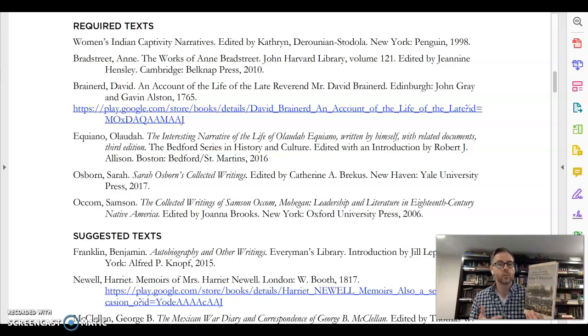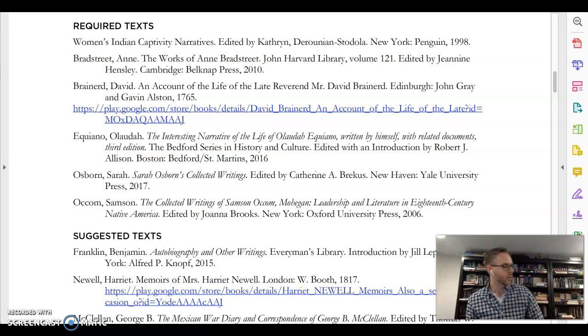And George McClellan was the head of the Union Army at the very beginning of the Civil War. So it's very fascinating reading this particular work because it gives you more context for the Mexican-American War and who he is as a military figure.